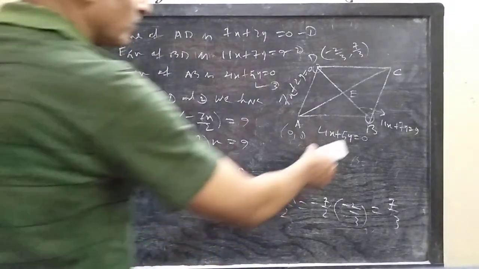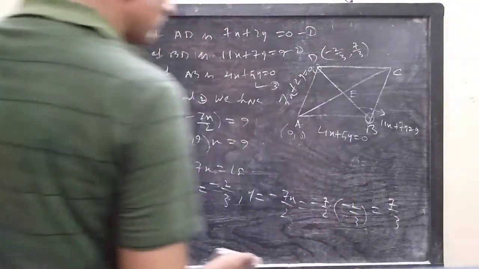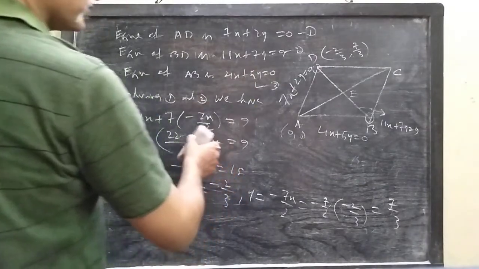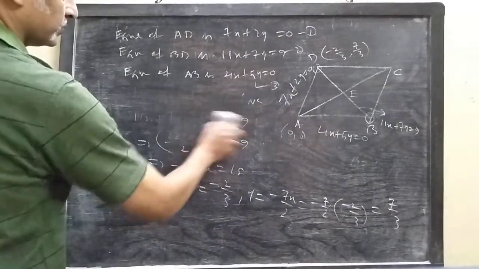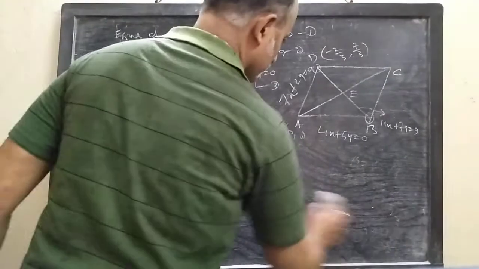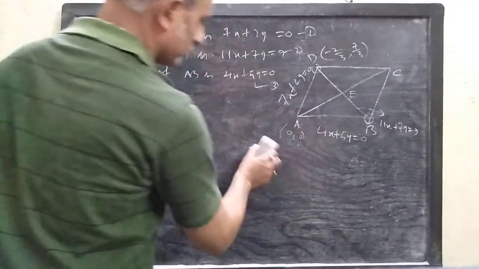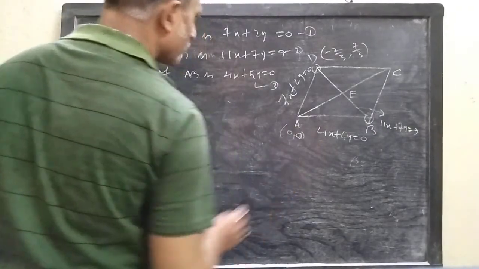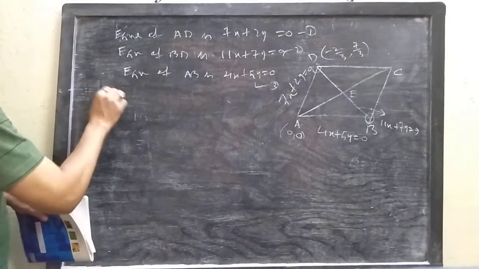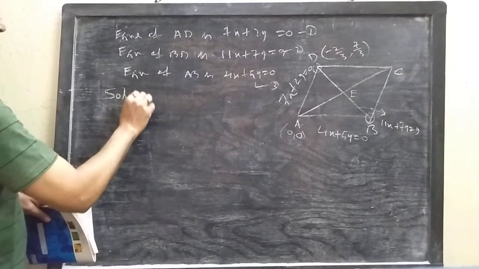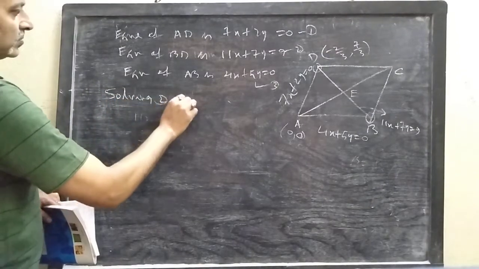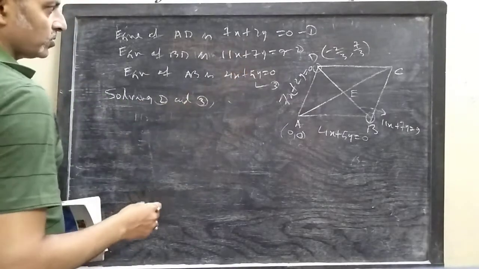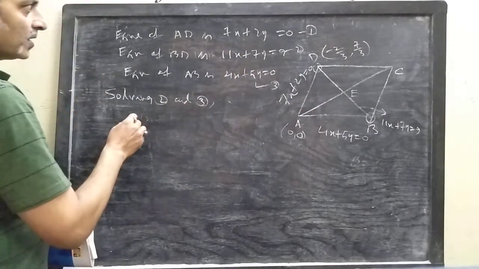Next, we have to find the coordinates of B. For this we have to solve equations 2 and 3. Solving 2 and 3, substitute y equals minus 4x by 5 here.